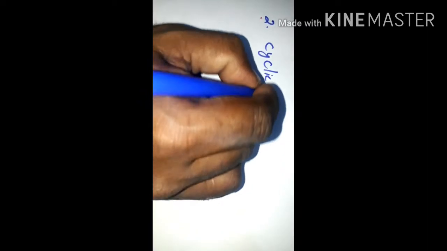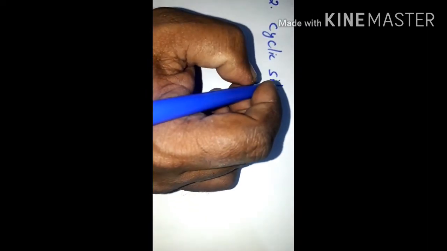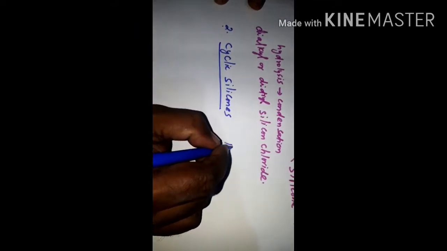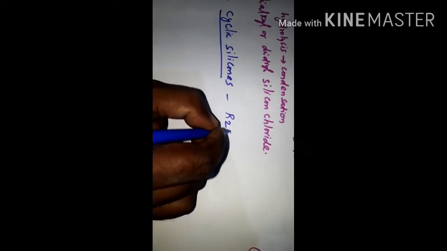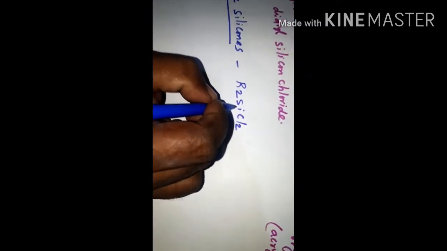Next type is cyclic silicones. So the cyclic silicones are obtained by the hydrolysis of R2SiCl2, that is dialkyl dichlorosilanes.